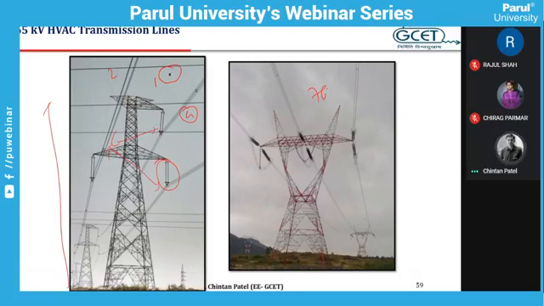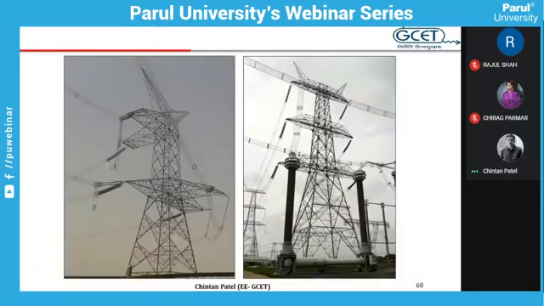This is also a 765 kV transmission line with a V type of tower. Next one. This is really a gigantic structure, and it is a 1200 kV transmission line. There are 6 conductors per bundle.